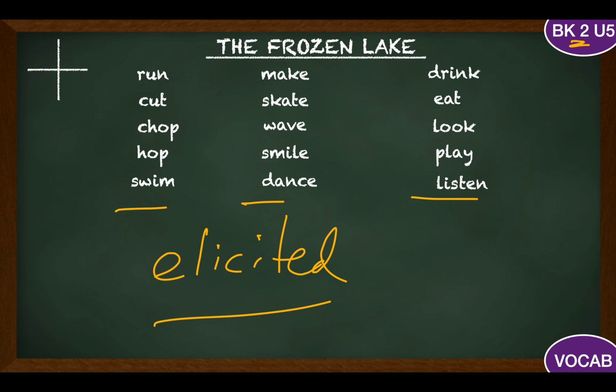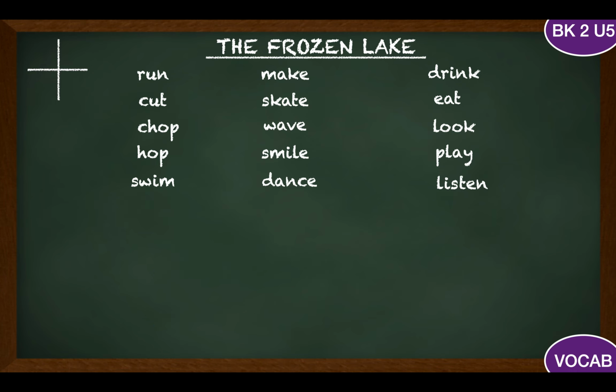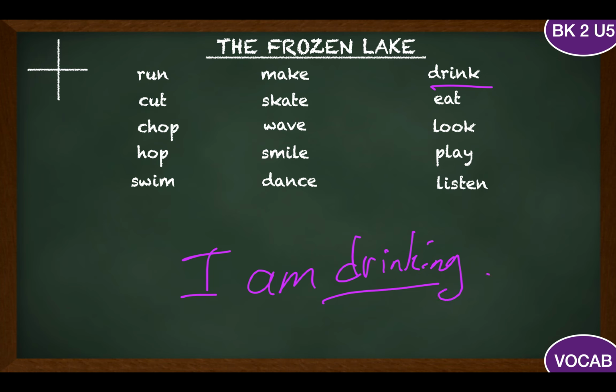So now I'm going to say to my students, all right, boys and girls, if I want to say a sentence and I want to say, I am, can I say I am drink? And of course, by this level, I'm pretty sure my students are going to say, no, teacher, it's I am drinking. Yes, boys and girls, it's I am drinking.